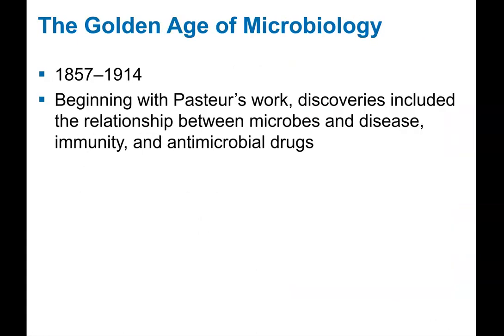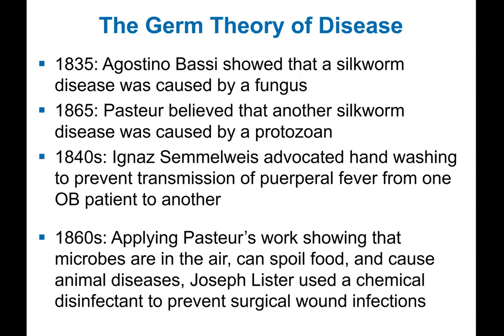So during this time of Pasteur's work and many other scientists that you'll see in the chapter, they called this the golden age of microbiology. There was just tons of discoveries being made in the fields of microbiology during this time. Another one that Pasteur definitely contributed to is called the germ theory of disease.